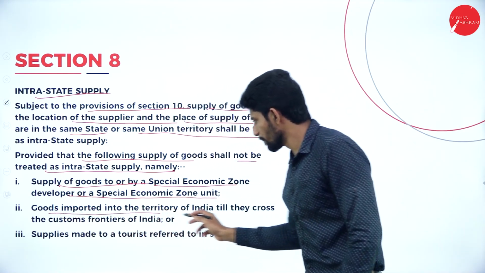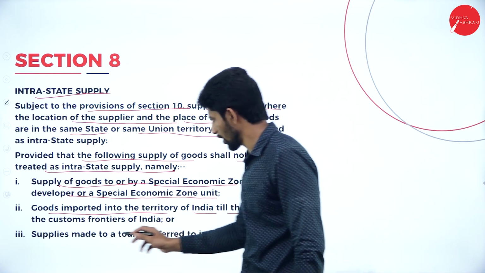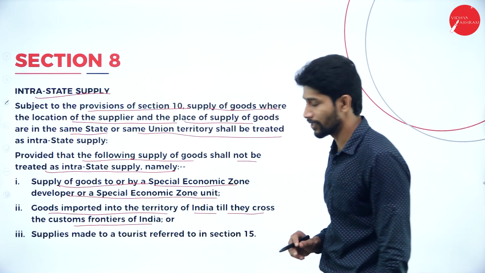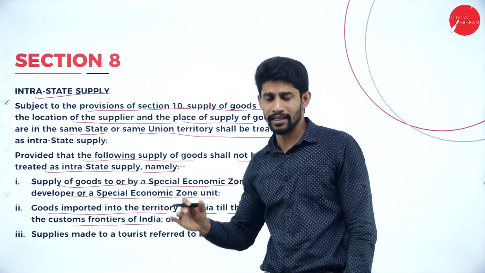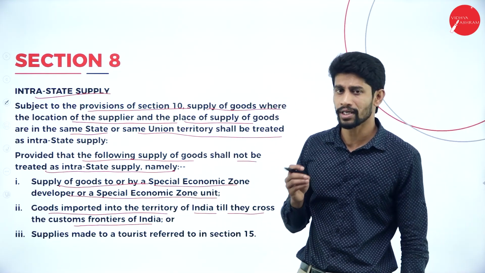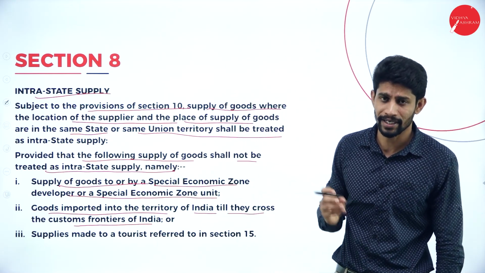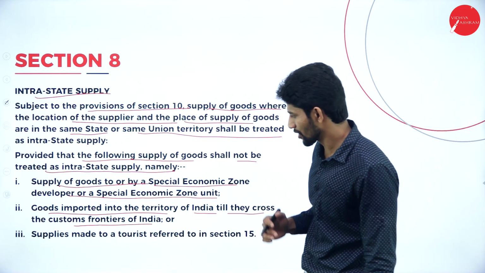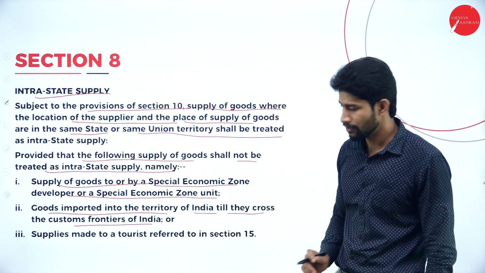Next, goods imported into the territory of India till they cross the customs frontiers of India. Yes, sometimes we are importing the goods. Until the custom authority release the goods, you can't determine which kind of supply that is. So until you receive the goods from the import officer, you can't determine the type of supply.